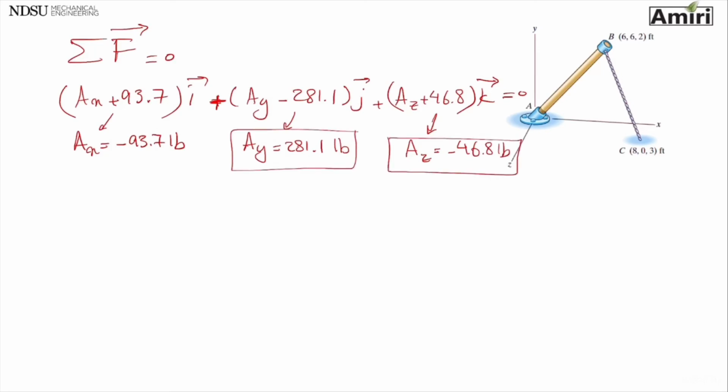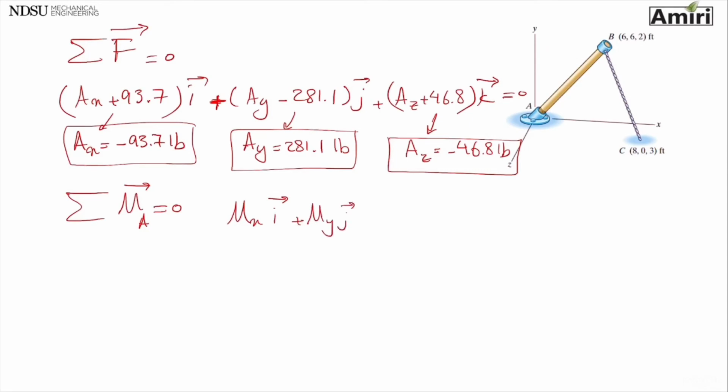I still have the 3 moments. So if I want to do the same thing as the problem that I did before, summation of moment, let's take it about point A being 0. I have MX I, MY J, MZ K, plus R cross T equals 0.